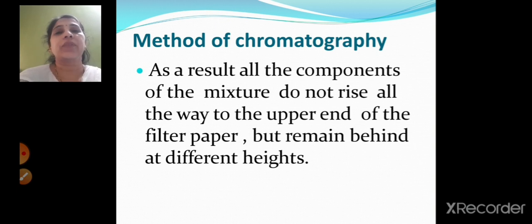And whatever different colors are present in the ink will get separated. So if two colors are present in the ink, you will see two different substances on the filter paper at a particular height. So chromatography is also one of the methods for separating mixtures.